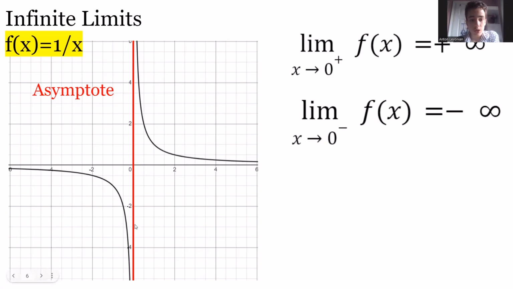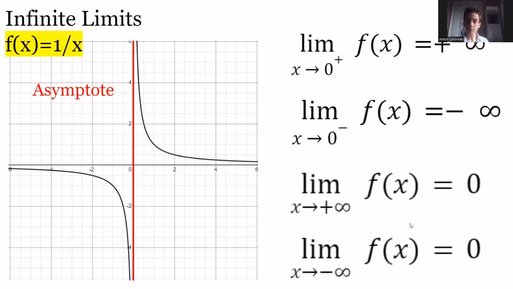So the quantities of f of x in magnitude become infinite, but their sign is just negative. We have a term for this: negative infinity. And we can say that as x approaches 0 from the left-hand side, f of x approaches negative infinity.